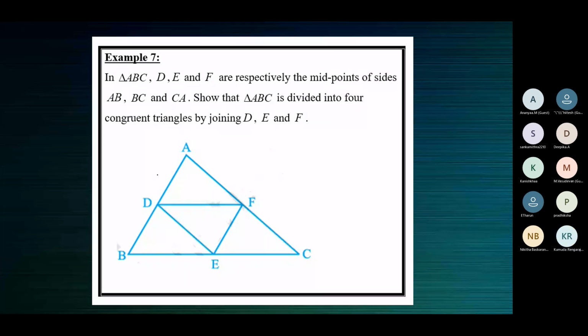And this one. There are three parallelograms. Inside this triangle there are three quadrilaterals, and all three can be proved to be parallelograms. This one also by the midpoint theorem. This is the midpoint, this is the midpoint.